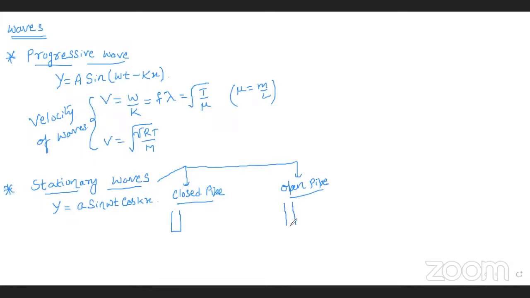If both the ends are open, then it is said to be an open pipe. What is the frequency of the closed pipe? It is V divided by 4L. What is the frequency of the open pipe? It is V by 2L. One is V by 2L. The second one is V by 4L.